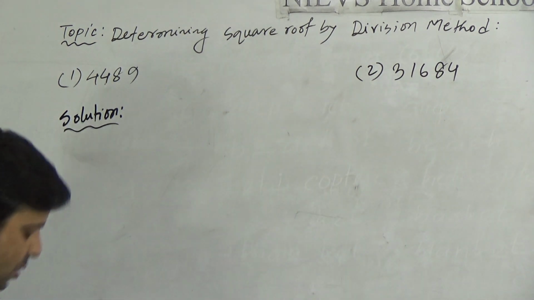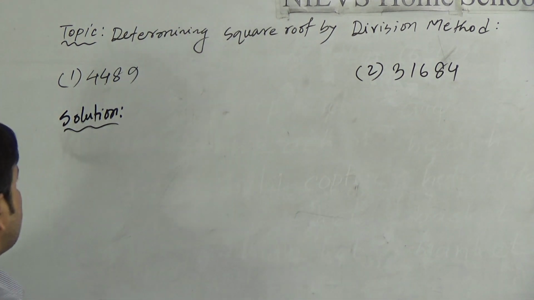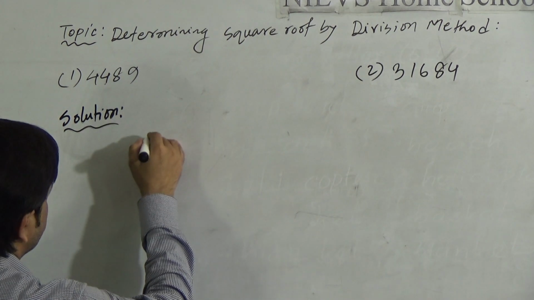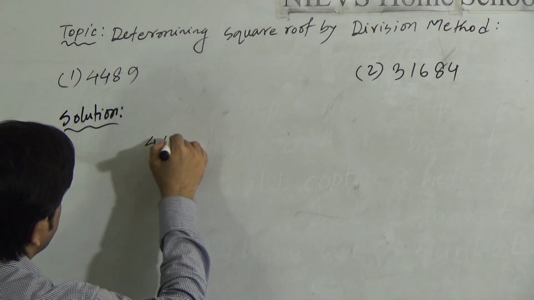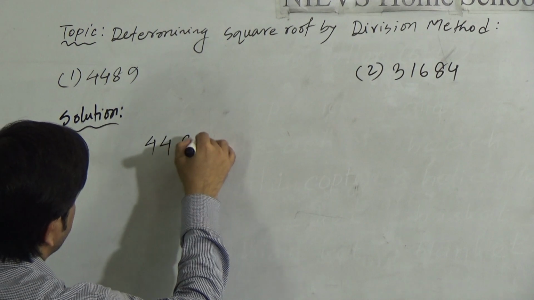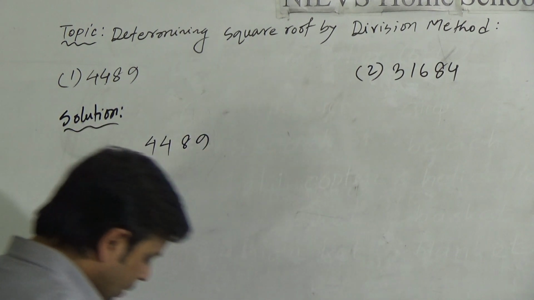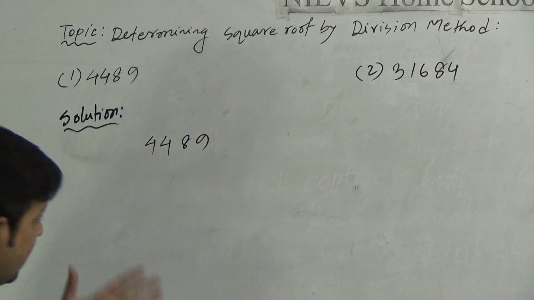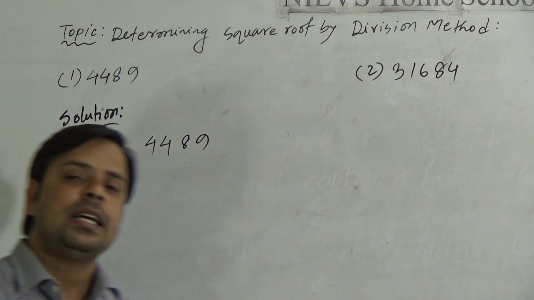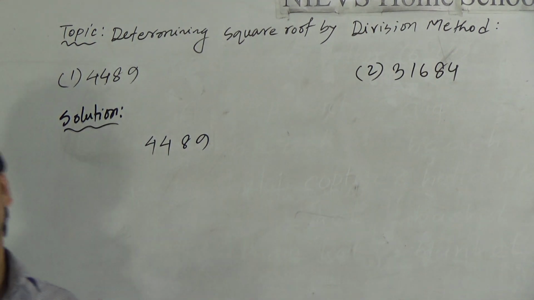Here is the solution. To find the square root, at first we will write the number. The given number is 4489. Dear students, to determine the square root, at first you have to remember that you have to take pairs of digits.